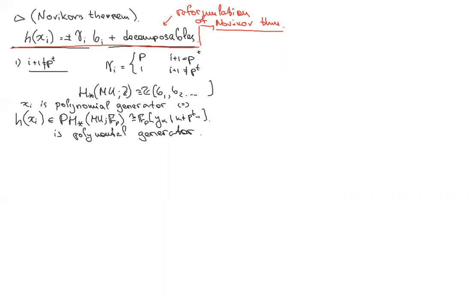Ага. Но, значит, давайте мы, let's try to agree that this direction is obvious. So if h of xi is a polynomial generator, then xi itself is a polynomial generator. Ну, в смысле, полиномиальный генератор в описании, то тогда xi является полиномиальным генератором гомотопических групп.